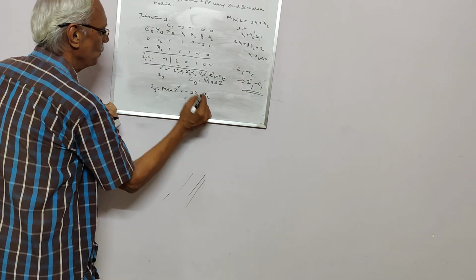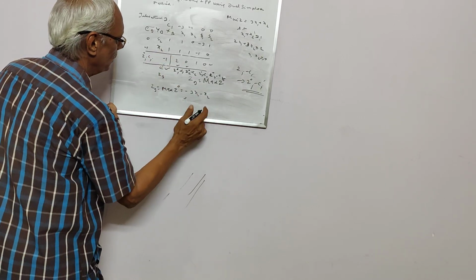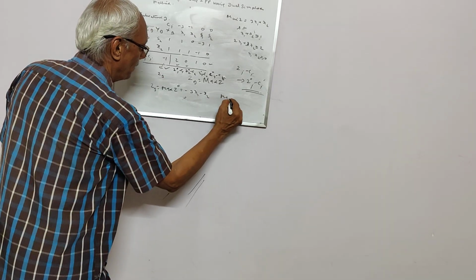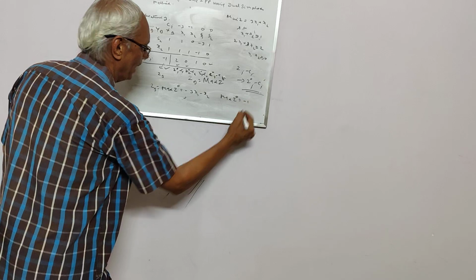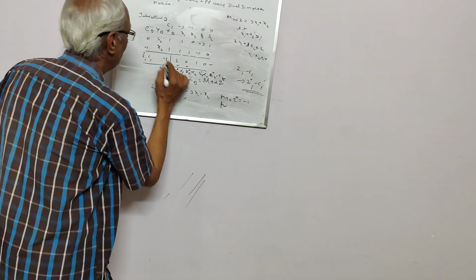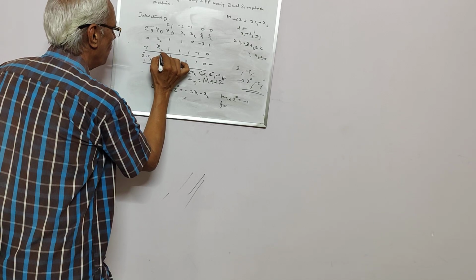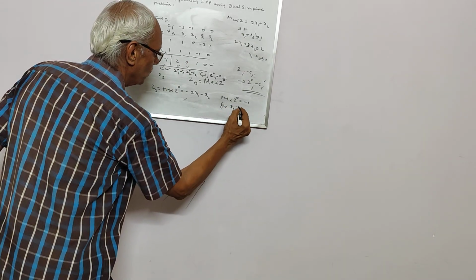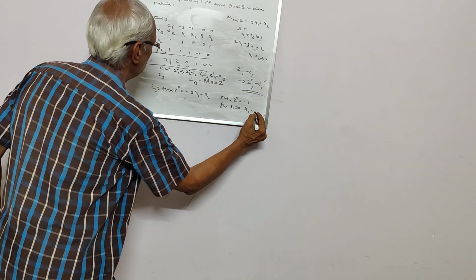Now what is the value of x2? We have found max of Z0 is equal to minus 1. For what values? Here you have got x2, x1 is missing. So x1 is equal to 0, x2 is equal to 1.